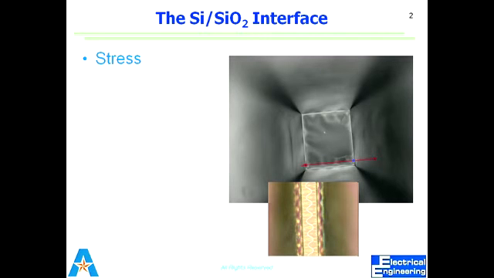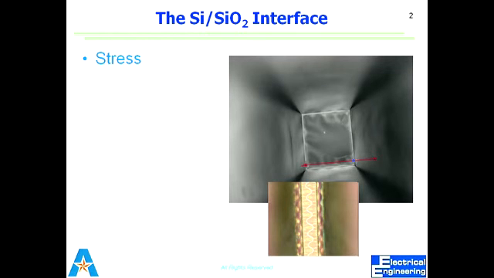Because at the interface the volume of the silicon dioxide is approximately 2 times what volume of silicon has been consumed, due to that difference in volume, it needs to adjust that volume.